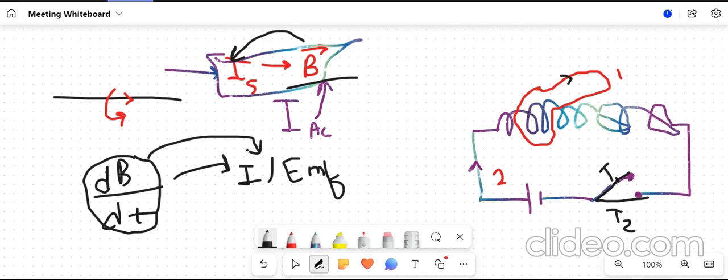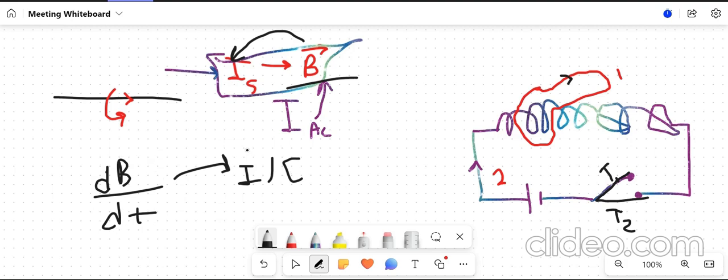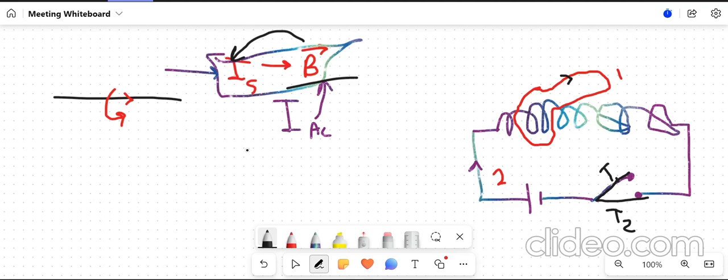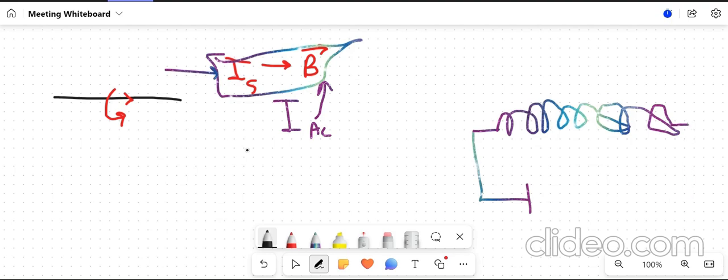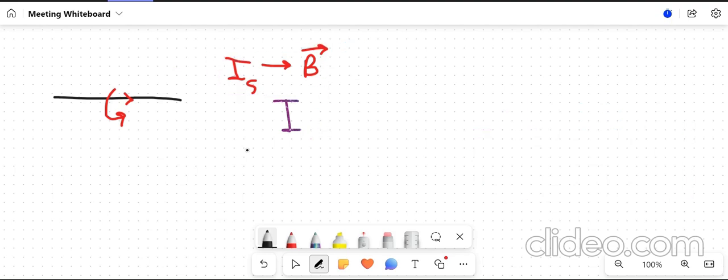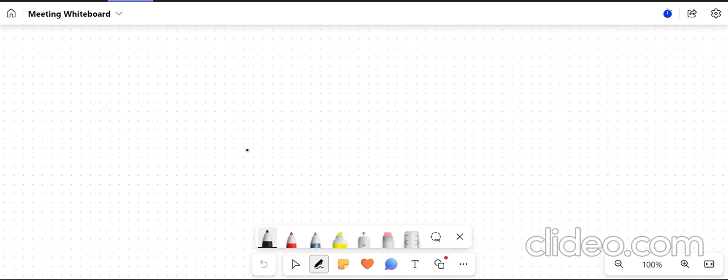Now Faraday did some different experiments. Let me explain the next experiment to you. Faraday did a lot of experiments. So what next Faraday did was something like this. Here is loop 1 and here is loop 2.